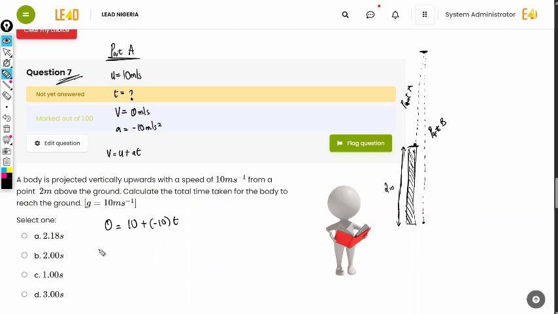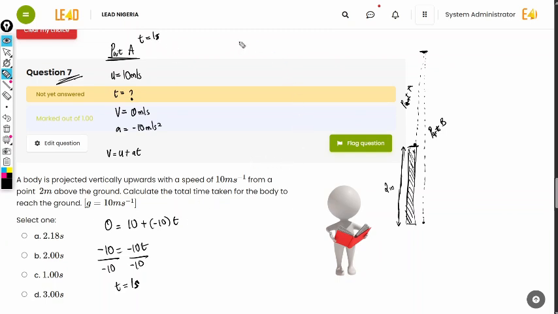So this will be minus 10 is equal to minus 10t. I divide both sides by negative 10. I get t as 1 second. Okay, so the time of flight for part A is 1 second. So we have the first bit here. t is equal to 1 second.